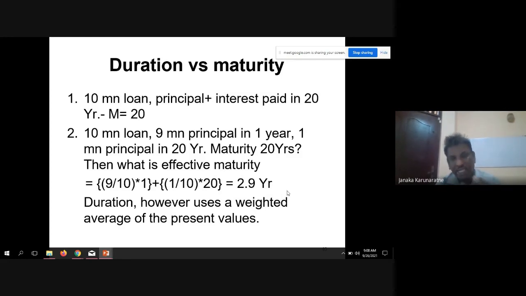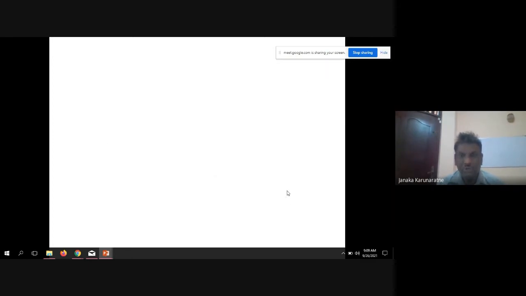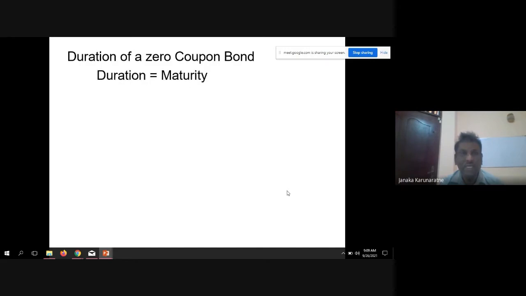That's why the duration model is more effective in managing interest rate risk, because it captures the real maturity. Now we will move on to some technical concepts.